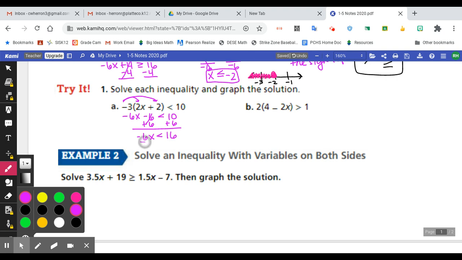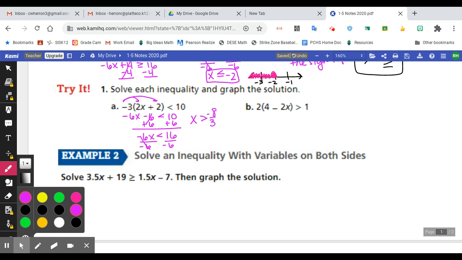Okay, and then divide by -6 on both sides. Now, this is not going to come out evenly, so we're going to have a fraction, all right? And that's fine. So we have x is greater than, because we have to flip it, right? And then if we divide both of these by 2, we get 8/3 negative.